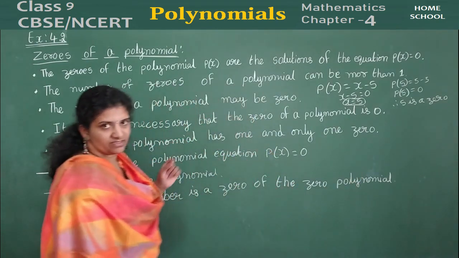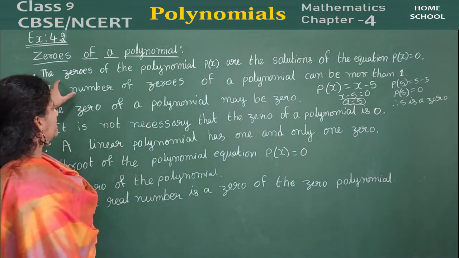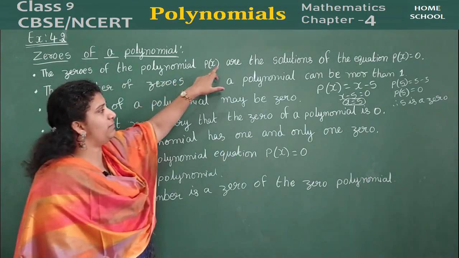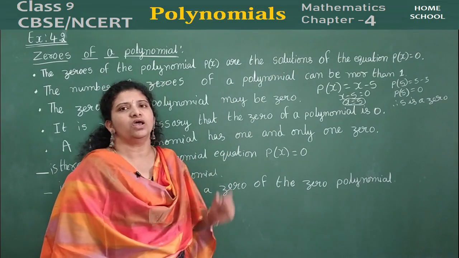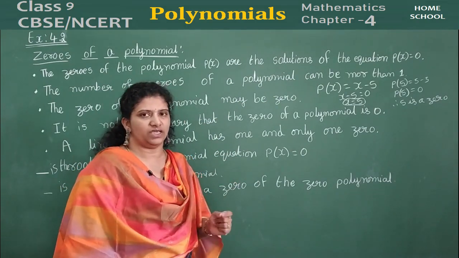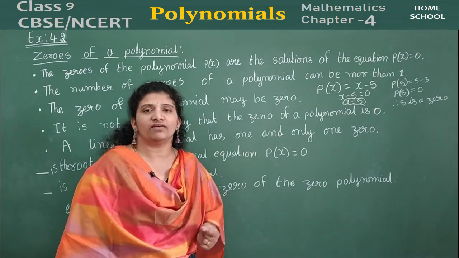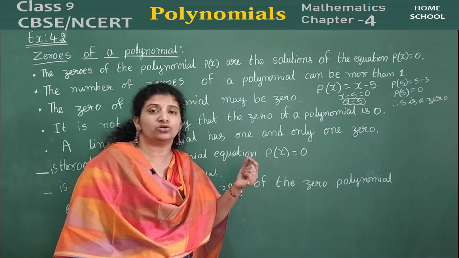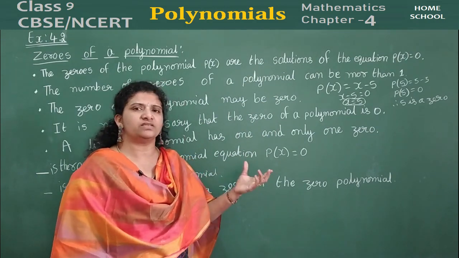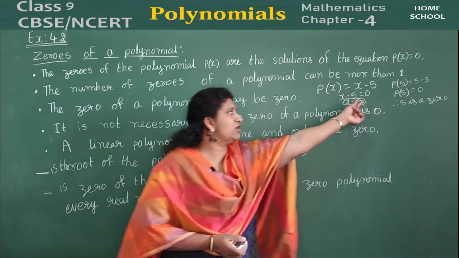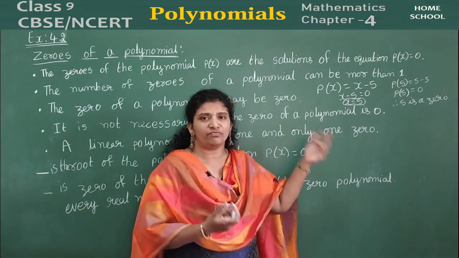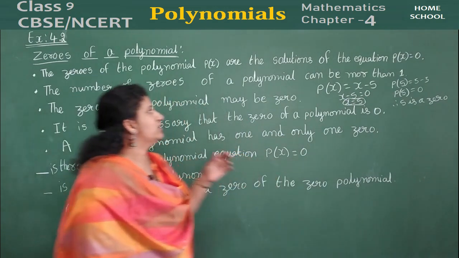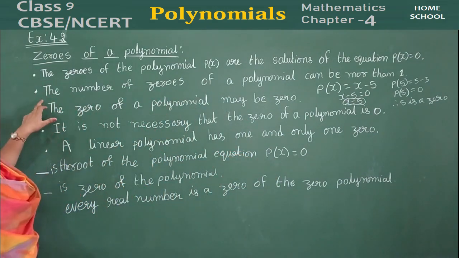Okay. So now let's see the sentence carefully. The zeros of the polynomial p of x are the solutions of the equation p of x is equal to 0. So whatever we get the value of x, those are the solutions. A value of x means those are called the zeros. What is that? 5 is a 0. This is the solution of p of x.